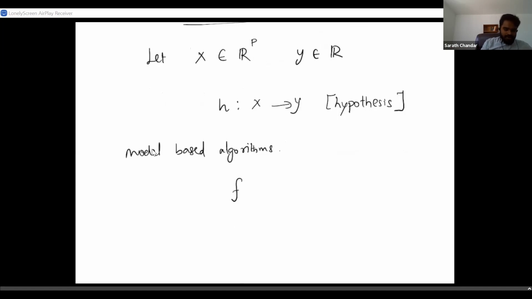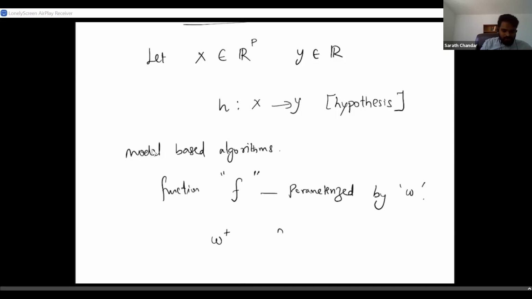So this function f is parameterized by some w. Now for every possible w, let's take some random w configuration, w plus.